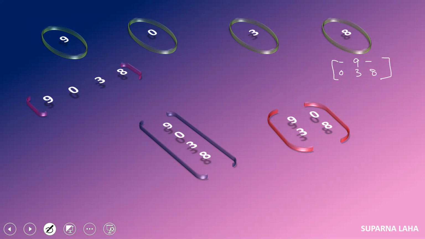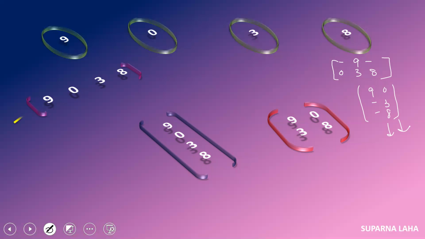That representation you can also write. You can write this representation also: 9, 0, 3, 8, and this place is blank. So many representations you can write. So write down whatever possible representation you can write.